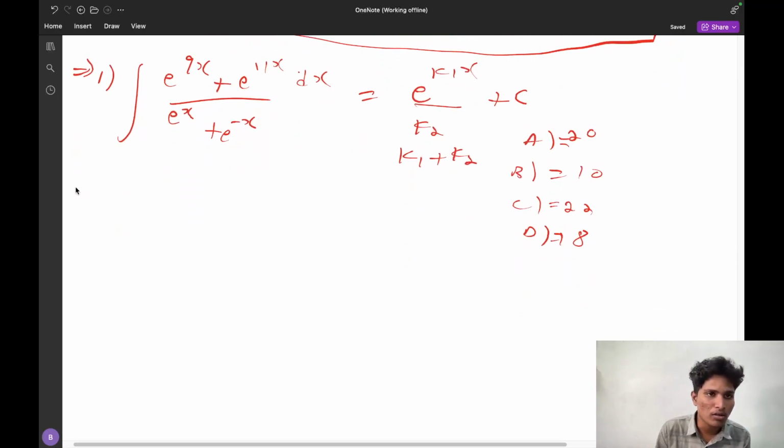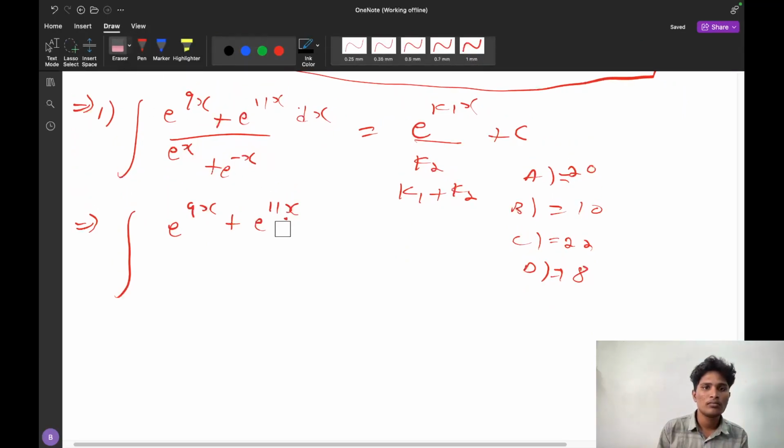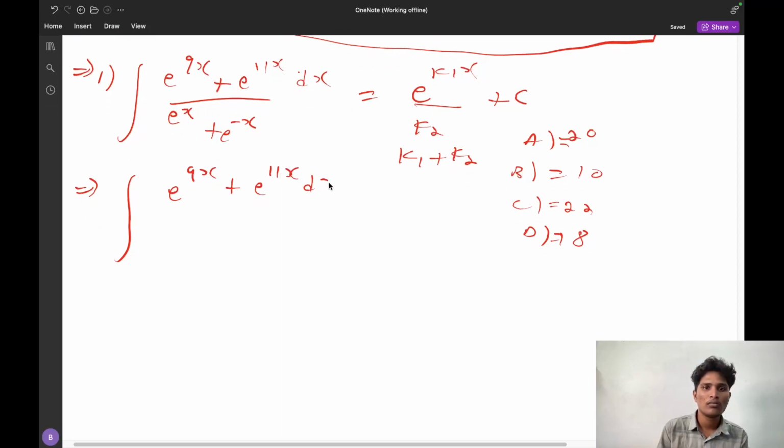Now I have to solve this integral. First I will write the integral again: (e^(9x) + e^(11x)) divided by (e^x + e^(-x)).